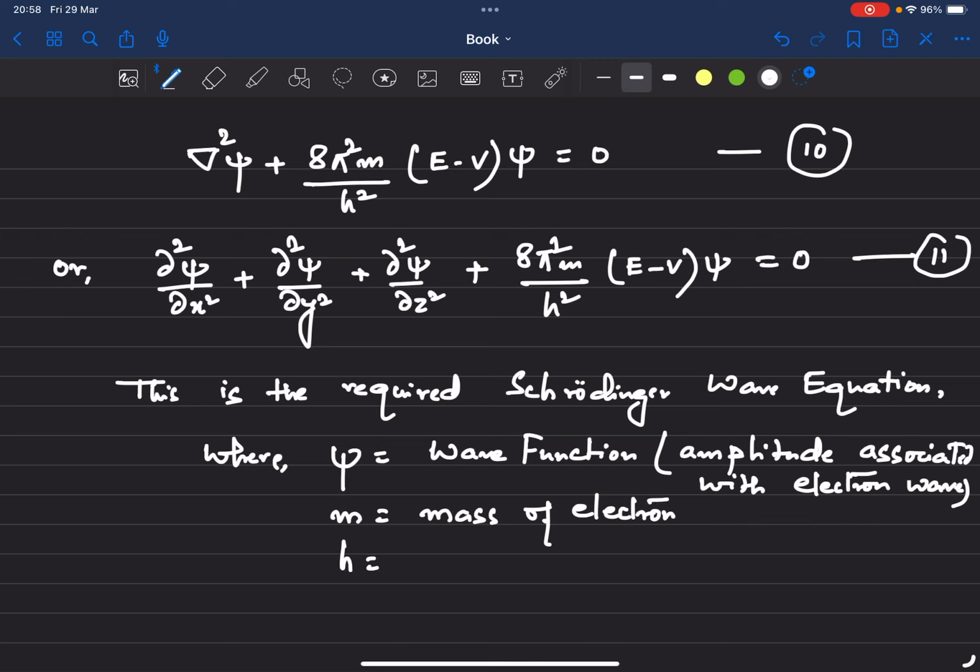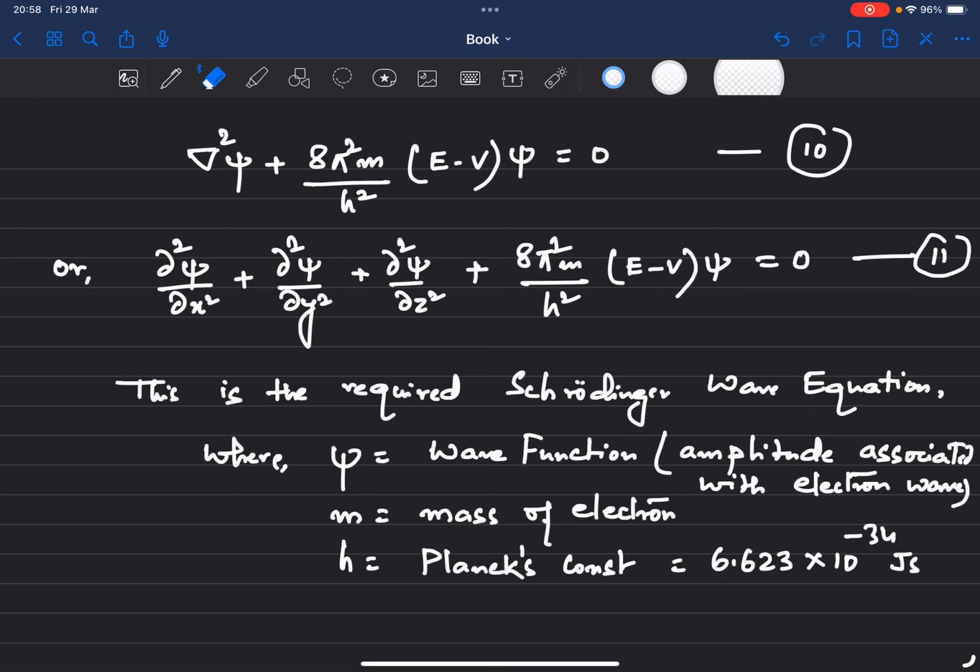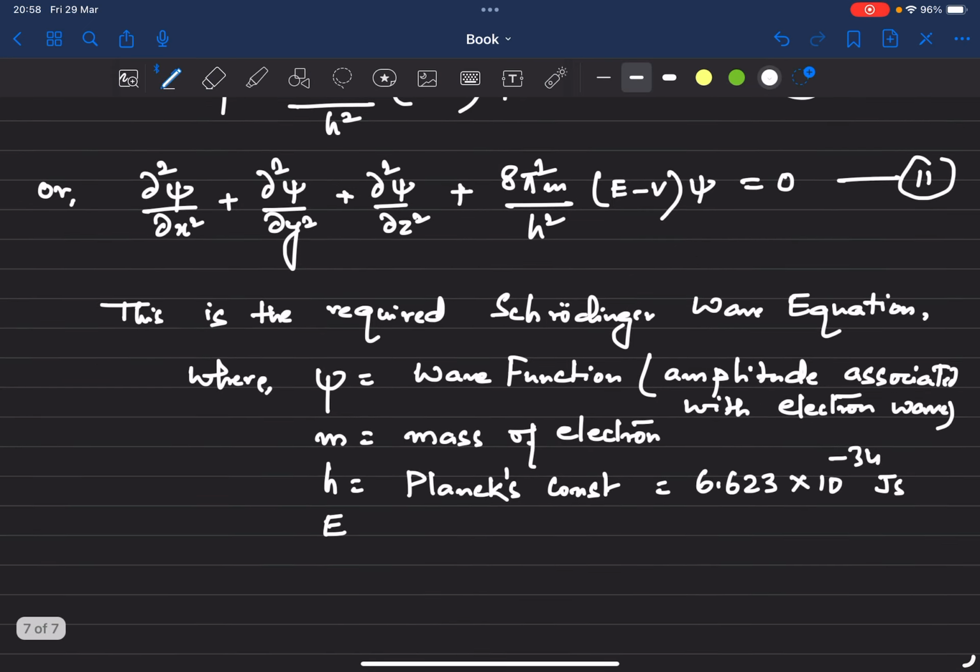Then h is a constant, also called Planck's constant. I hope you are aware of its value, 6.623 × 10^−34 joule second. Next, after h we have capital E, which is the total energy.